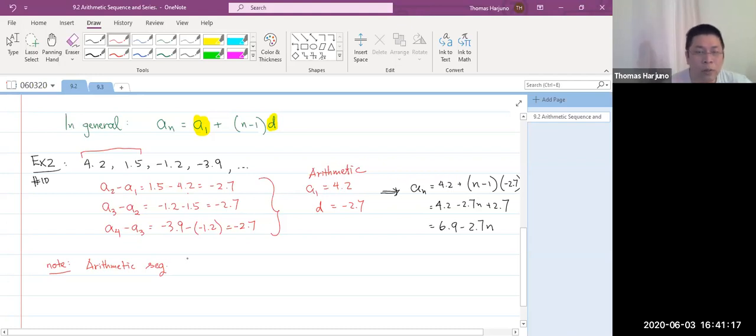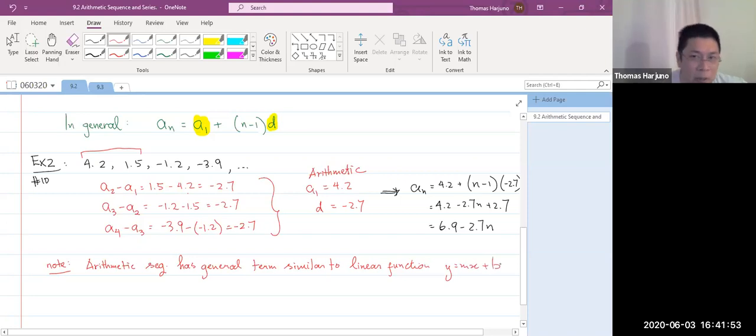When it comes to an arithmetic sequence, the general term is similar to a linear function. Linear function y equals mx plus b.